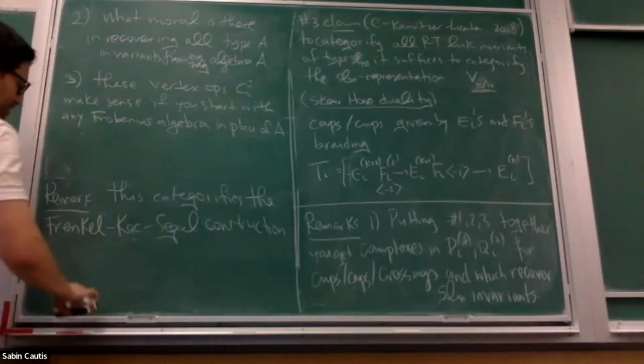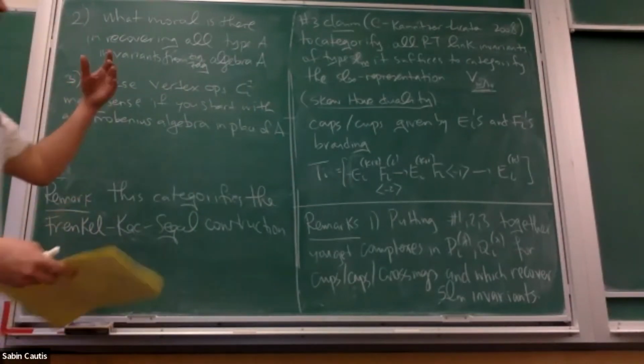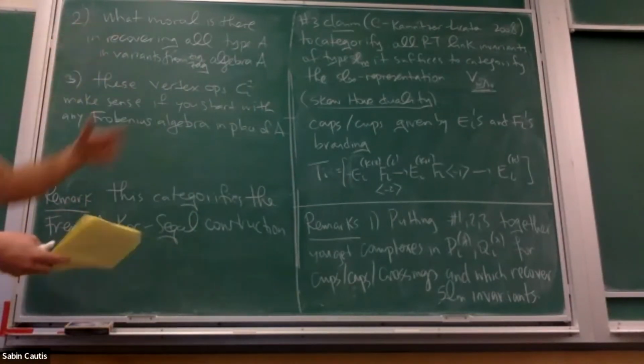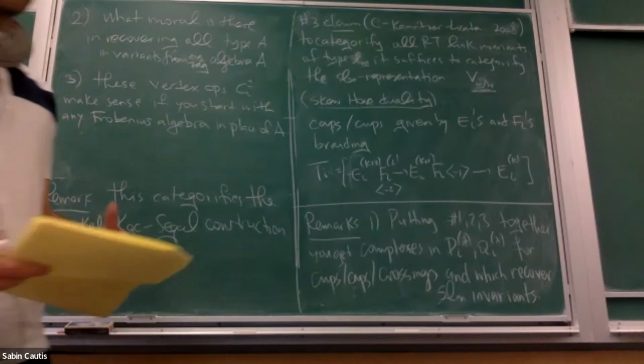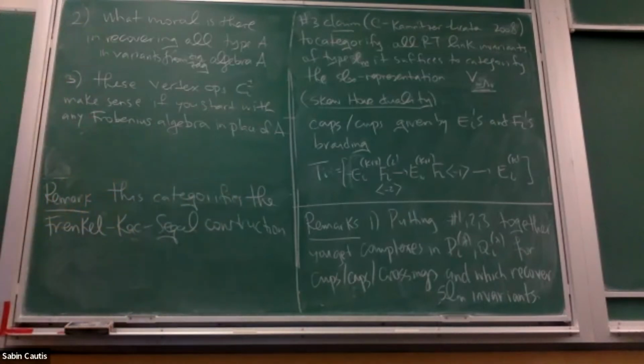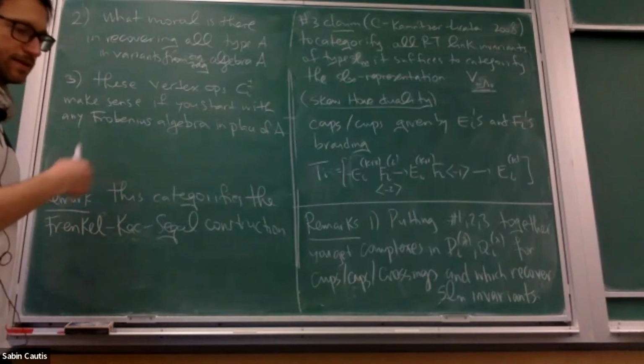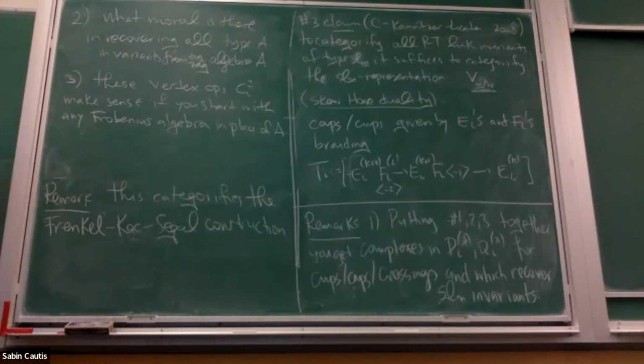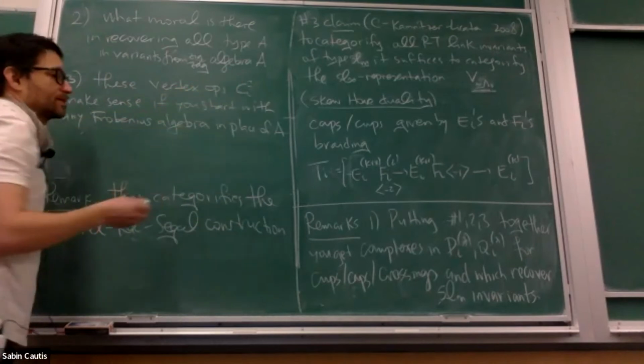And the claim is that if you start with any Frobenius algebra, you can repeat the construction I just mentioned. Of course, the difference is that when you look at the commutator, you can define everything I said, including an analog of the categorical action I mentioned, and an analog of the vertex operators Ci plus and Ci minus. It makes sense.